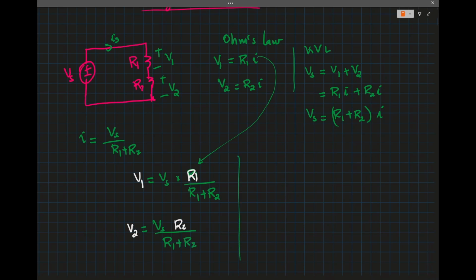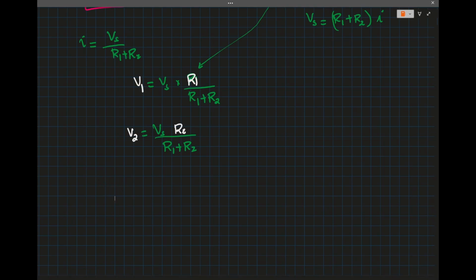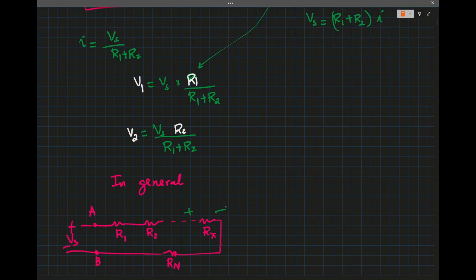So in general, when we have n resistances connected in series, and this is a Vs, then to find the voltage Vx, Vx will be the source times Rx divided by R equivalent.